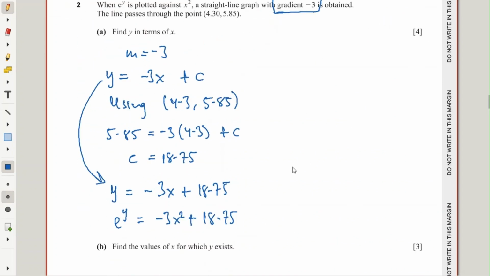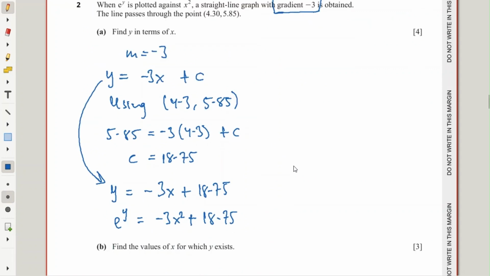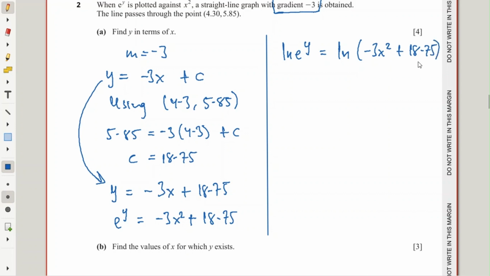So if you want to find y in terms of x, what can you do? Can you guess? Okay, you take ln of both sides. I can hear my student telling me that I should take ln of both sides. Okay, so I'm going to take ln of both sides. And you know that the ln will get rid of the e.